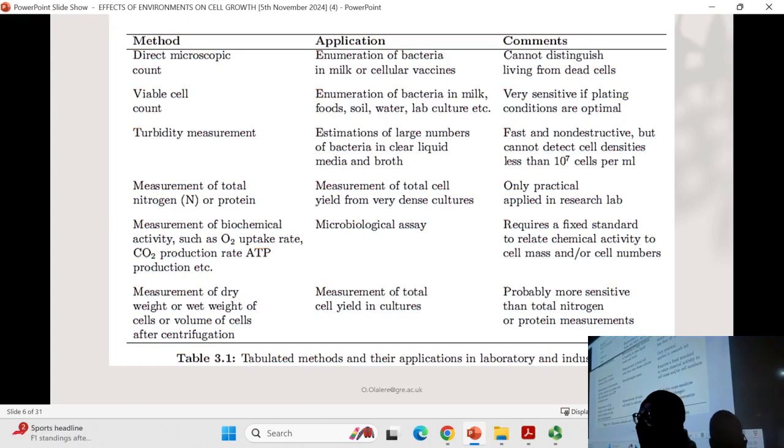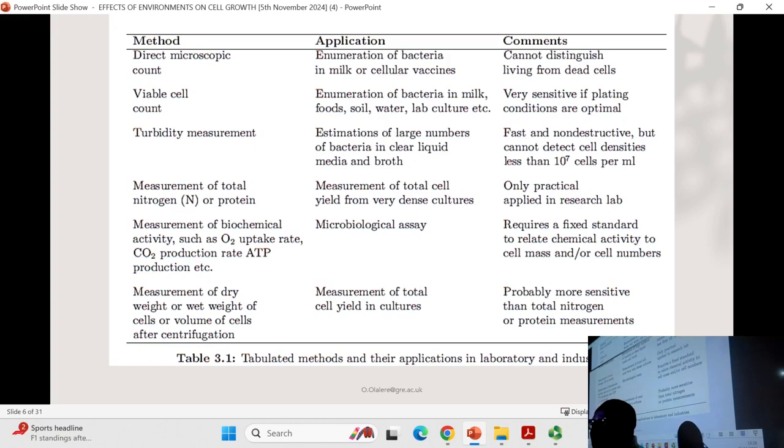Then most times we use measurement of total nitrogen. I've done this. That is to measure cell mass that is proteinous in nature. So we can use the total nitrogen also. And most times I think I used the Bradford method before, but that one is not inclusive.